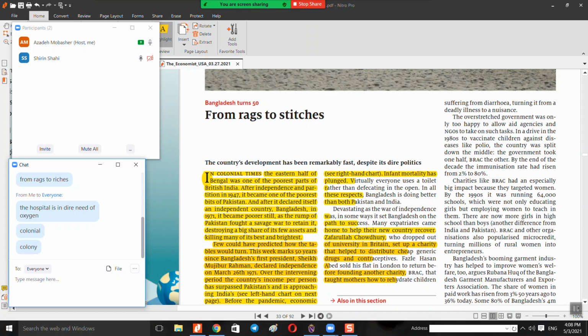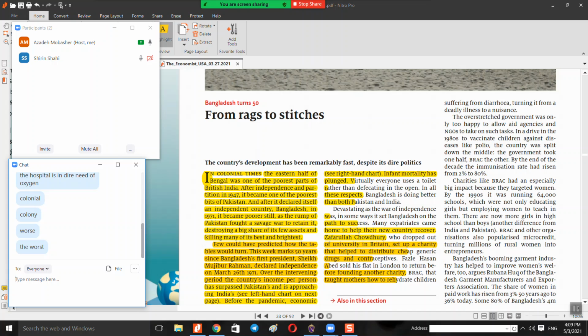What does it mean to say it became poorer still? The situation became worse. Yes, worse, not worst. Worst is the superlative form. You can say it became even poorer.